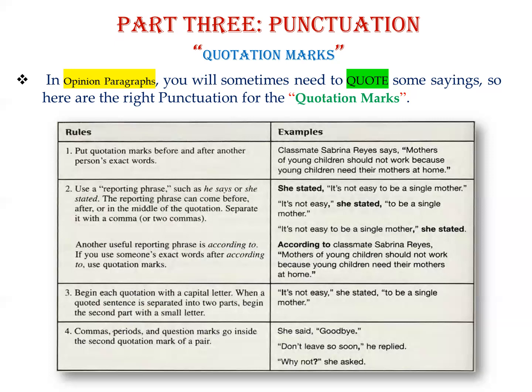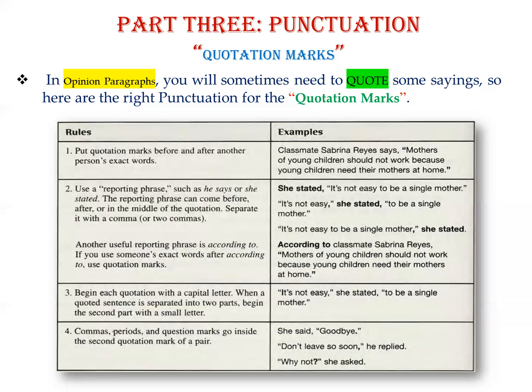Okay, this is obvious. The third rule, begin each quotation with a capital letter. Okay, this is really important. Whenever you bring a quotation, you have to start it with a capital letter.